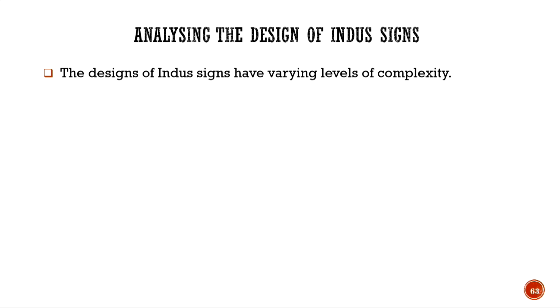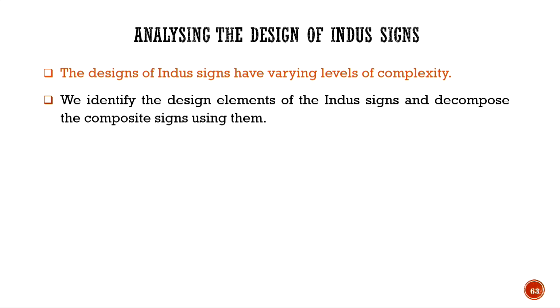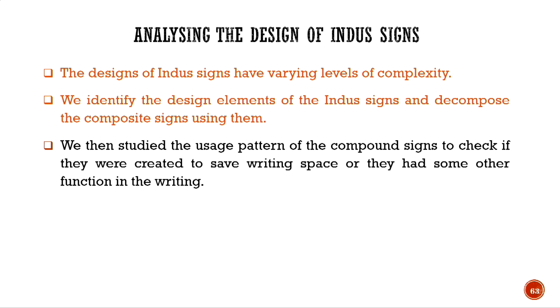We identified 3 categories. Just to give you a brief overview, the designs have various levels of complexity. We first identified the design elements and decomposed the composite signs based on them, and then studied the usage patterns of compound signs and the decomposed components.